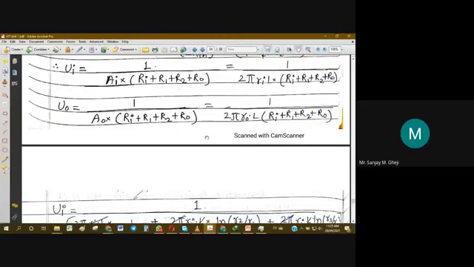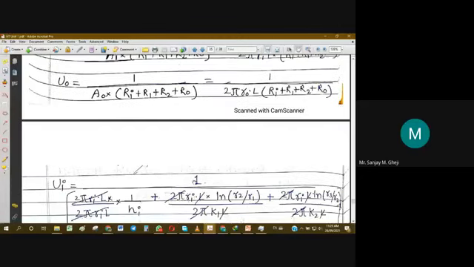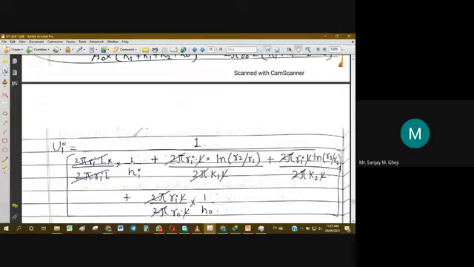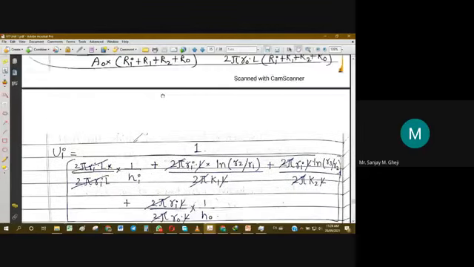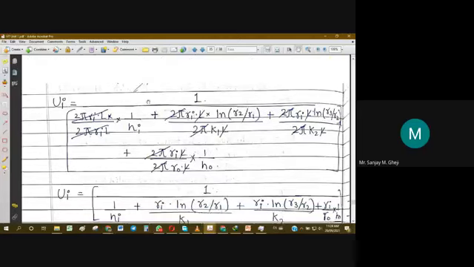Because of this, there will be crowding of all these terms. You might get confused at first look, but if you do it step by step, you will be able to understand this. So first is 2 pi Ri into L into 1 upon Hi into 2 pi RIL. So this entire factor cancels out. So this is the first term.